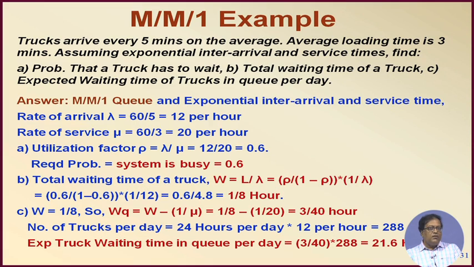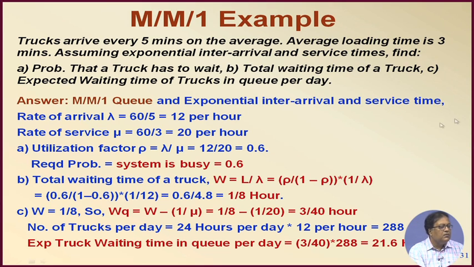This point has to be remembered, right. So, sometimes we shall write number of arrivals are Poisson, service time is exponential. Sometimes we shall write exponential inter-arrival and service times. One has to know that both are the same, right. So, find out the expected waiting time of trucks in queue, right.